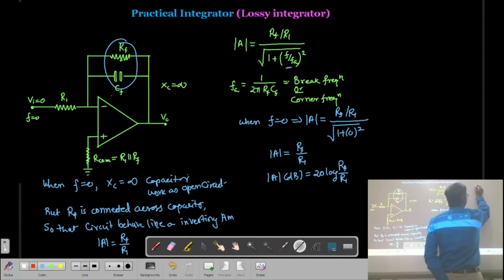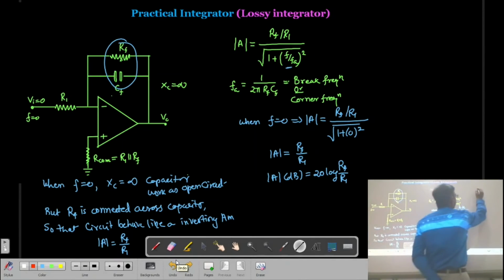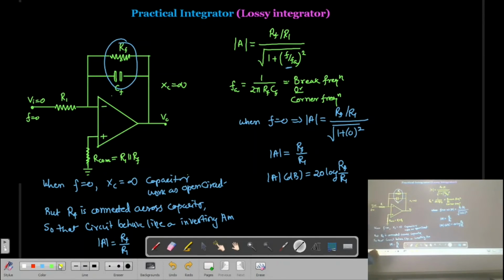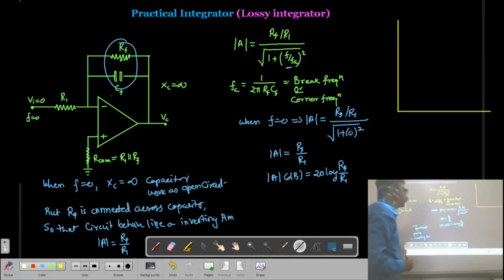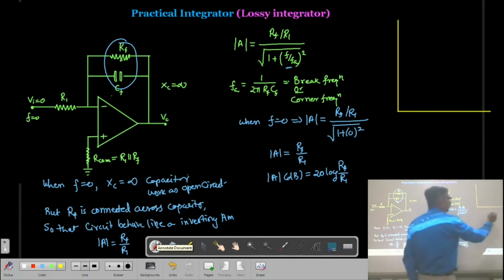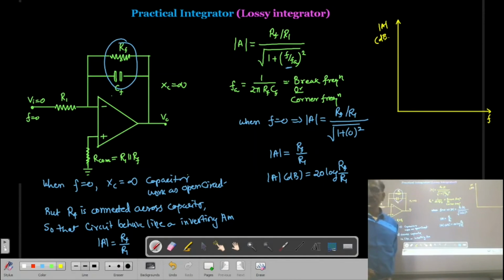So, if we see the frequency response, here we have frequency, we have this gain that is in dB, okay?